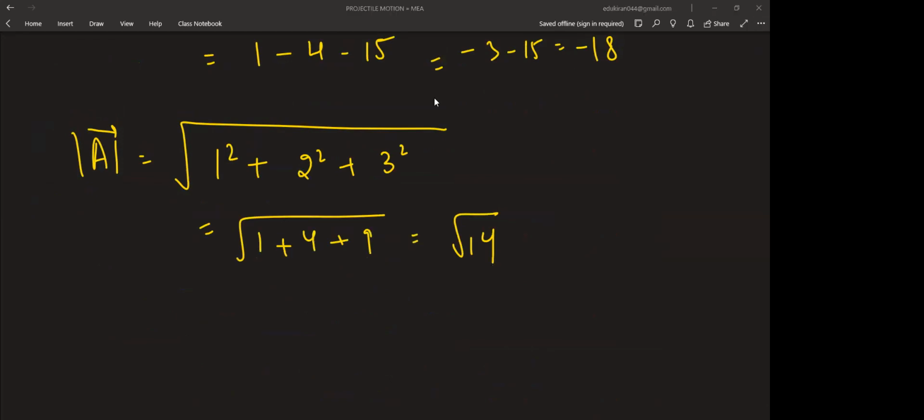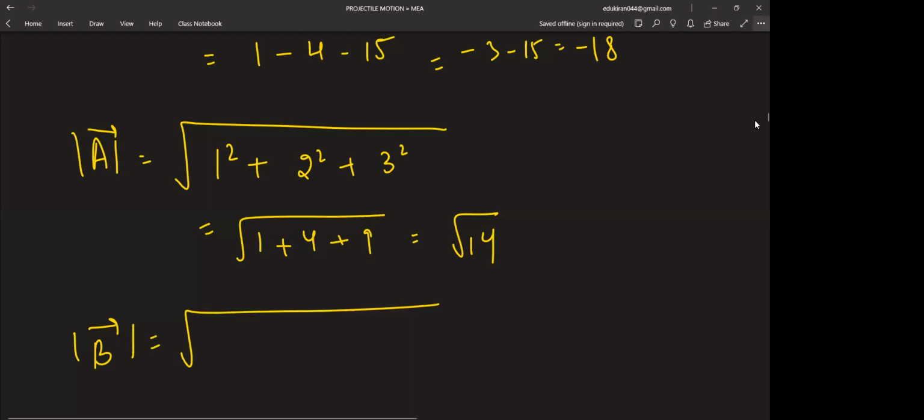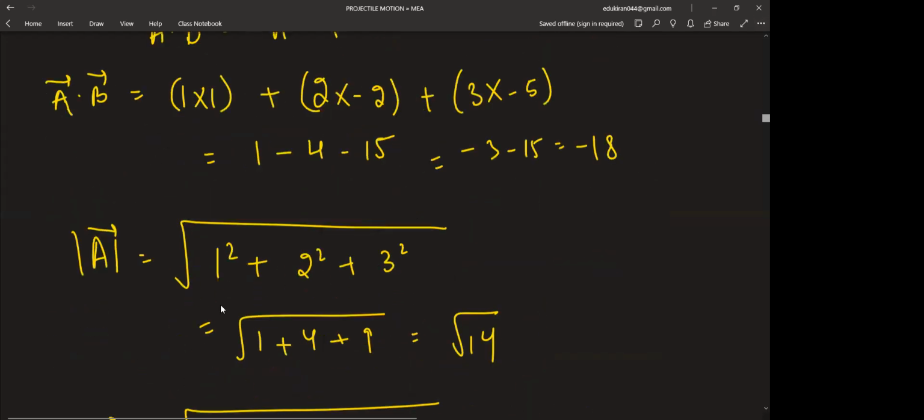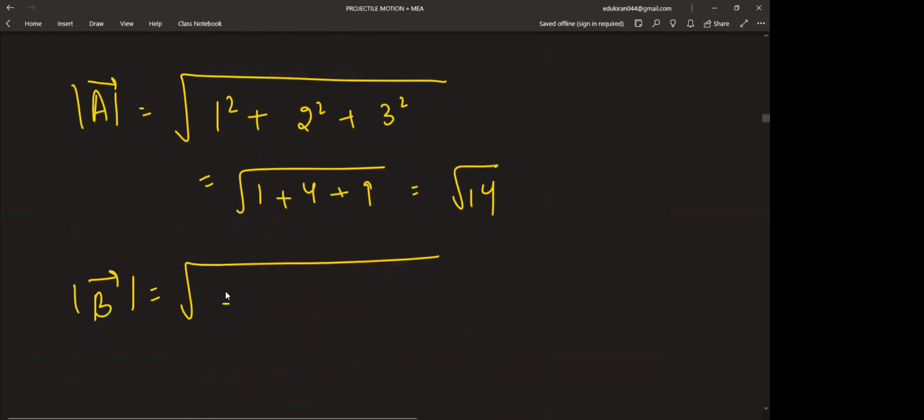What about you, Shaima? Vector B, how do we calculate the magnitude? Same thing, under root coefficient of I square, j square and k cap square. So this is 1 square plus minus 2 whole square plus minus 5 whole square.